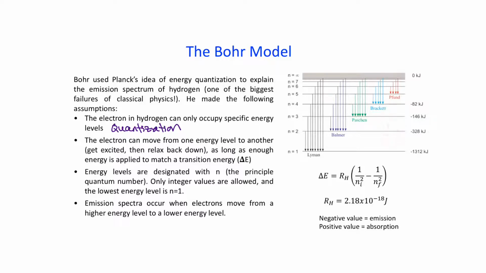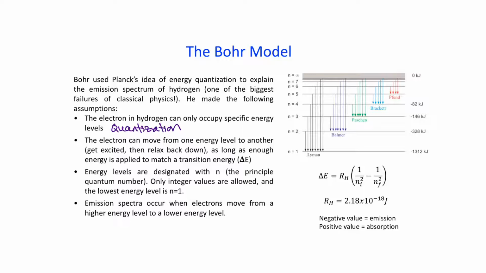Okay, so you can't put in enough energy to excite it halfway between your energy levels. Okay, so that would be like trying to jump up onto a step and not quite making it all the way. Okay, you're not just going to hover in the air in that case, right? What's going to happen? You're going to jump up, not quite make it, and then you fall back down.